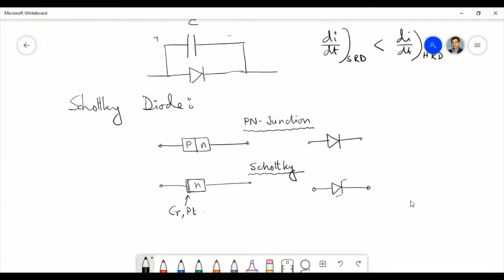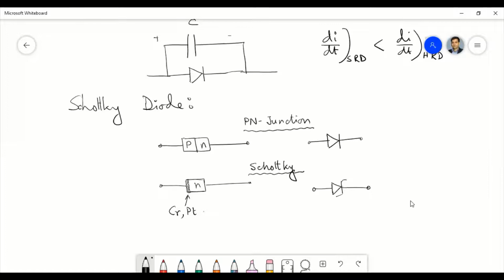It's a thin film of metal placed on the N type substrate. What type of metal do we use? We use chromium, platinum, molybdenum, etc. Why are these metals used? There is a specific reason for that.